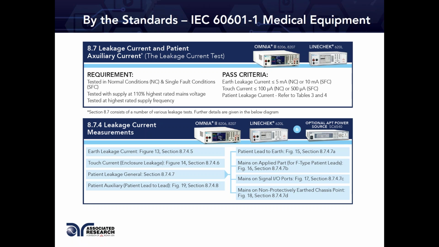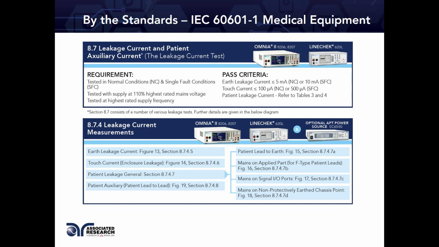So in this case, I would set my leakage high limit to 5 milliamps, or 10 milliamps if I'm using one of the fault conditions. Similarly, for touch current or the enclosure leakage test, the allowable limit significantly reduces to less than or equal to 100 microamps, or 500 microamps for a single fault condition. Once again, this would be our leakage high limit parameter.